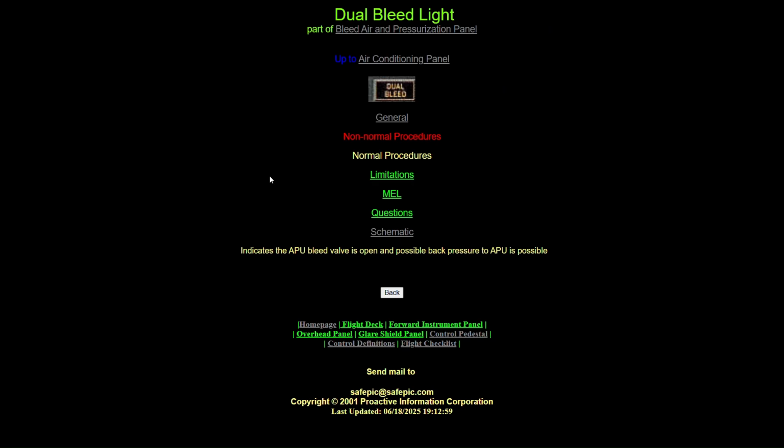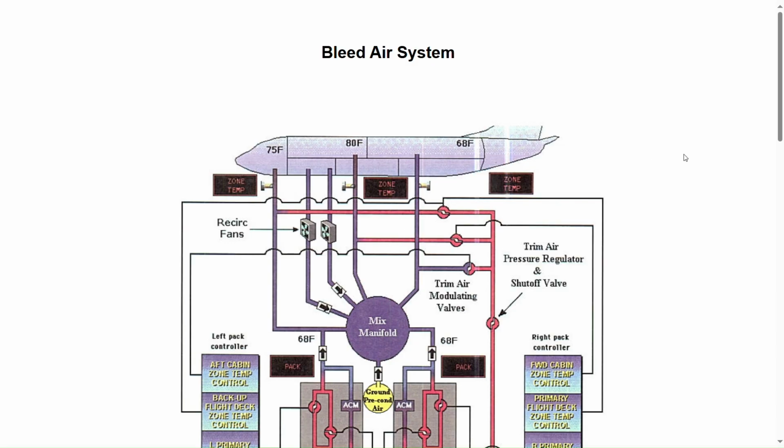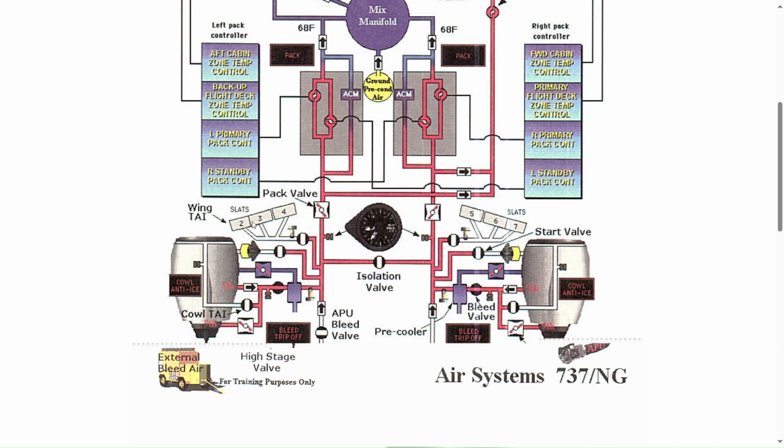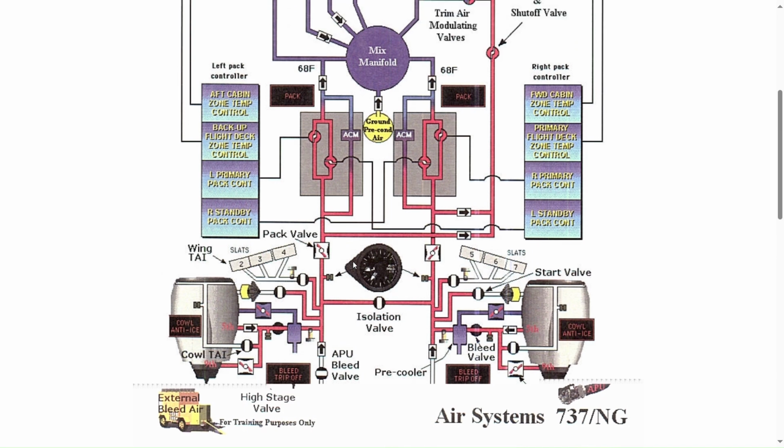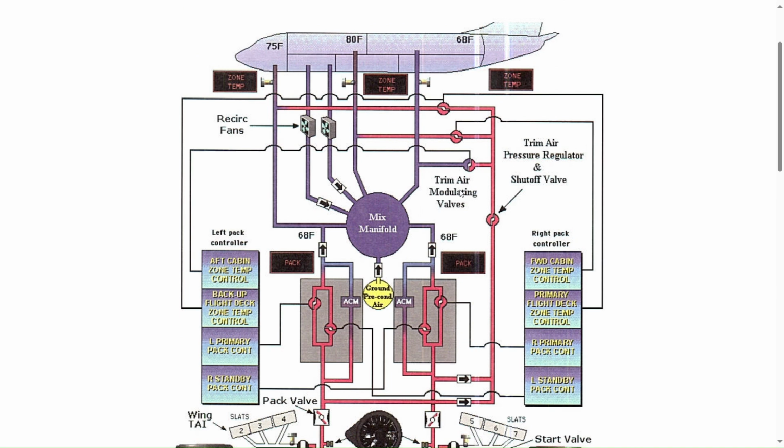The other thing we have here is the schematic. You can click on it and it will take you to the full schematic of the aircraft. You see we have from the engines to the cowl anti-icing, into the manifold, and then up into the packs, the mixed manifold, and then from the mixed manifold up into the aircraft.